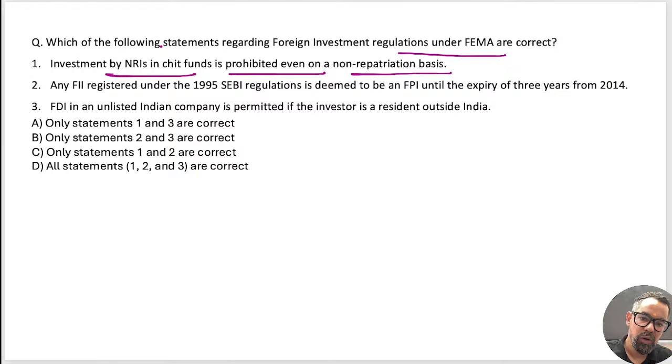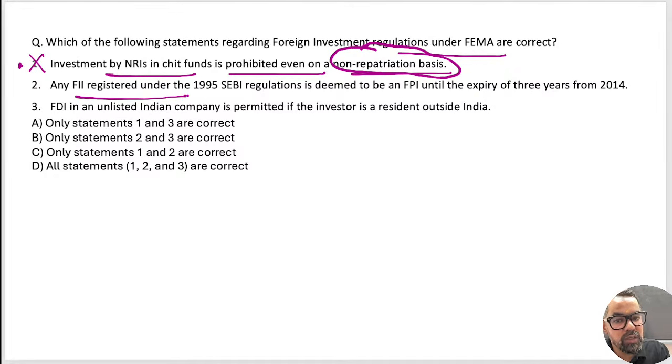But it is on non-repatriation basis. So on non-repatriation basis, I guess it should be allowed, right? This should be an incorrect statement because it is specifically mentioned non-repatriation basis, meaning they cannot bring back that money abroad. So this should be allowed on the non-repatriation basis, which means this statement should be wrong.